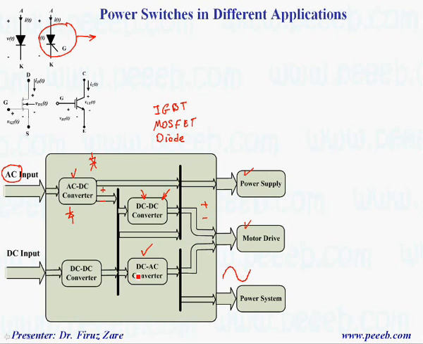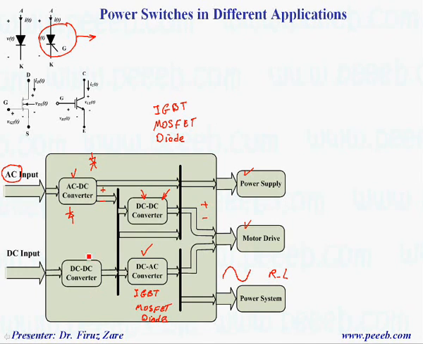So for a DC-AC converter, basically we need power switches like IGBT, and in some applications operating at low voltage we may have MOSFET. But because in most AC drive systems we have inductive and resistive load, we need to handle bidirectional current. So in this case we need to have diodes as well.